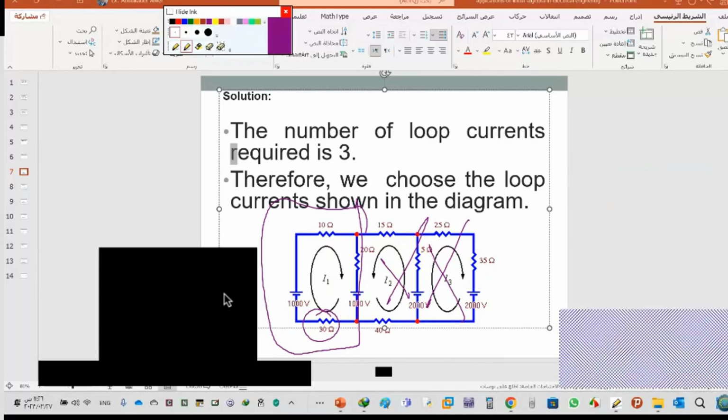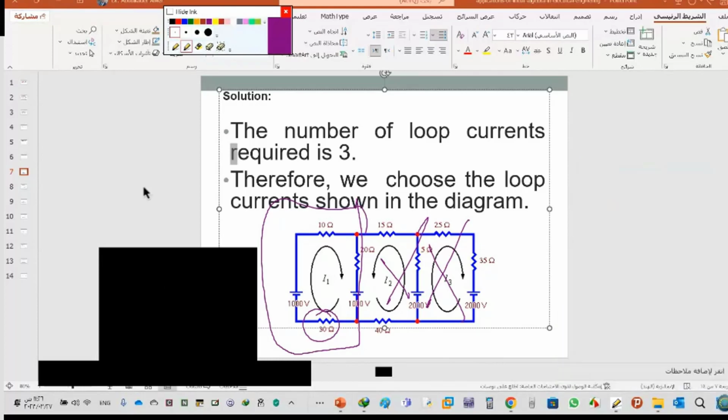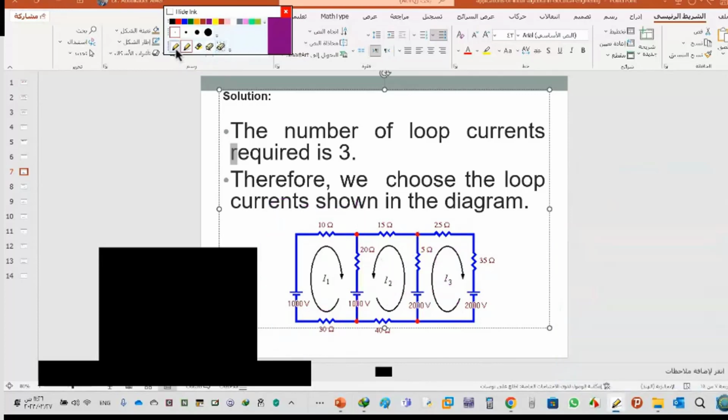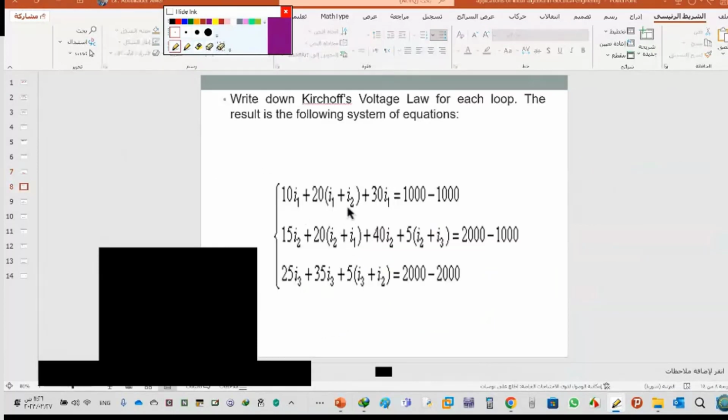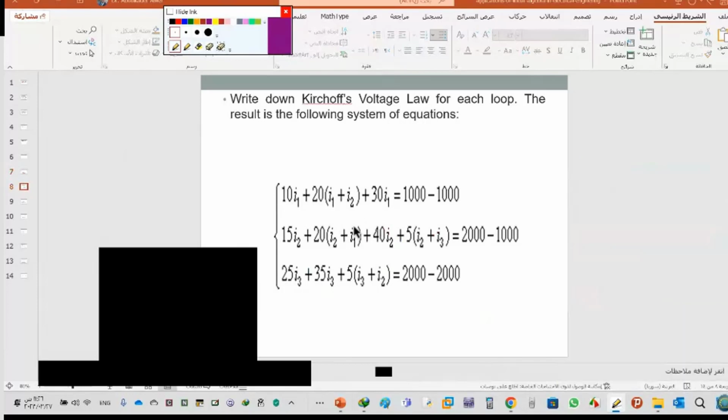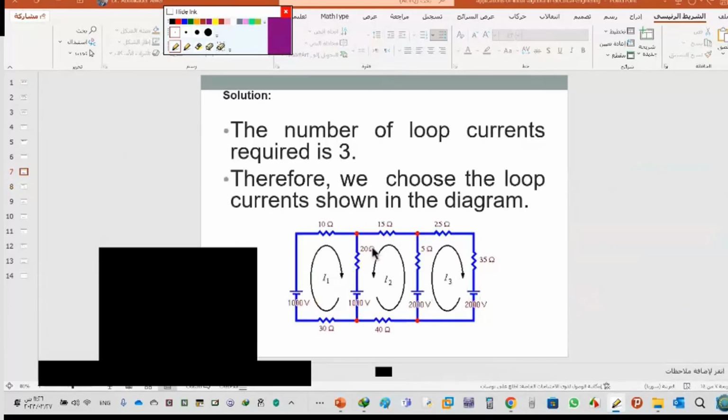You can start with anything. I'm just explaining. You can start with 30, you can start with 10. But here I want to work like your book. Direction of loop. Good question. Usually direction of loop is random, but I prefer to give you this idea.